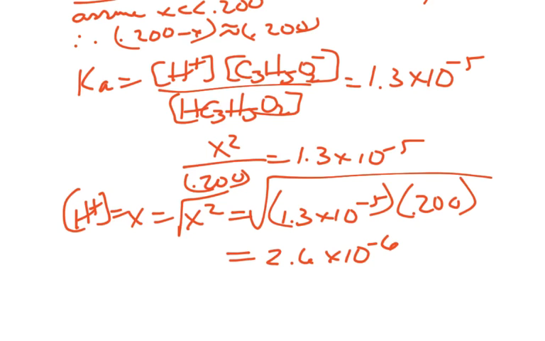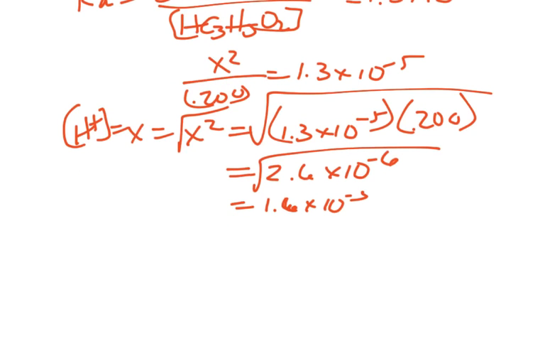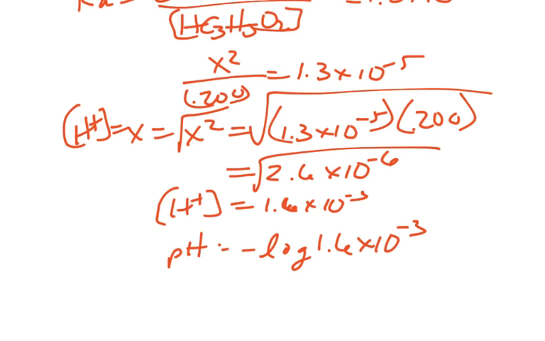And I want the square root of that, so that'll be 1.6 times 10 to the negative 3. That's going to be my H plus concentration. So the pH equals the negative log of 1.6 times 10 to the negative 3. And we can see that's going to be a value somewhere around 2. And if I take the log of that, it's 2.79. So 2.8.